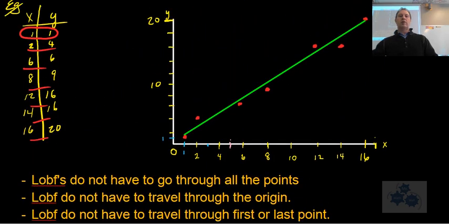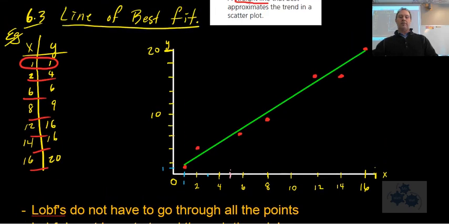But let's say we wanted to know from this graph, using our line of best fit, what the value was for the number 5. So if x equals 5 right here, this is called interpolating, because it's inside the numbers that we have listed here. So where's 5? 5 is right here.